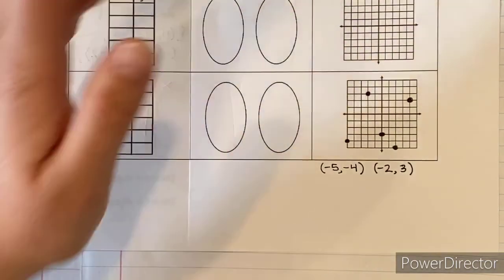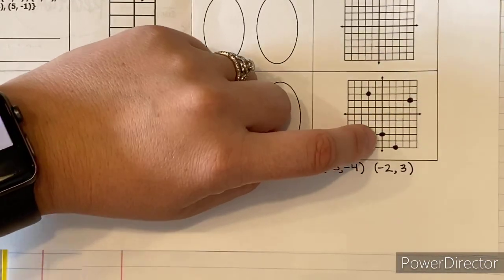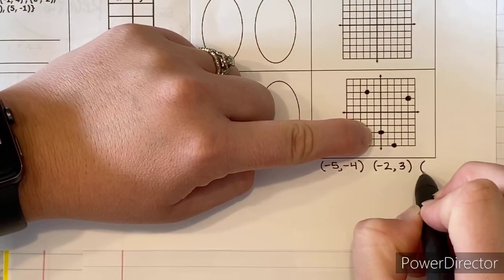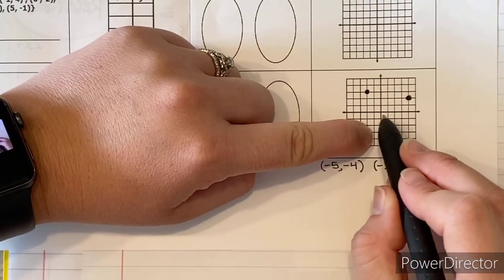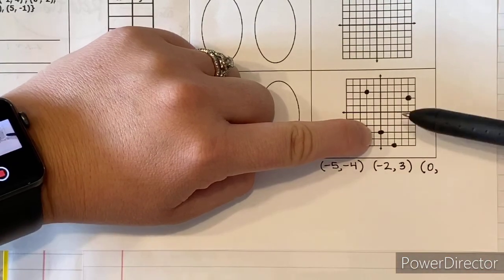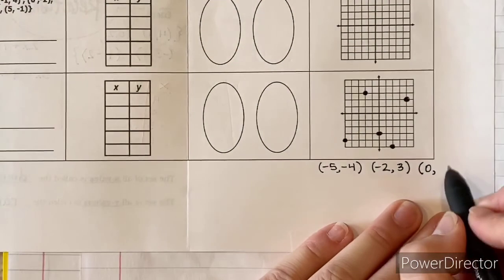And then we're moving still left to right. So I'm going to take care of this dot next. This one actually doesn't move anywhere left to right. So that's going to be 0. And then I move down negative 3.